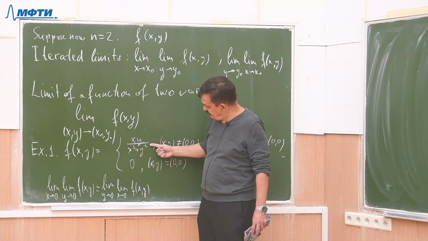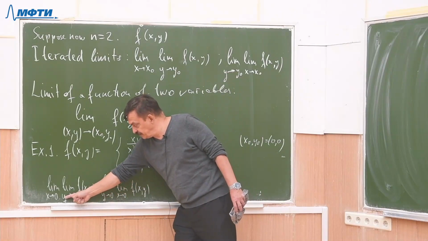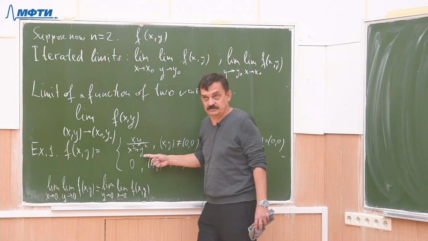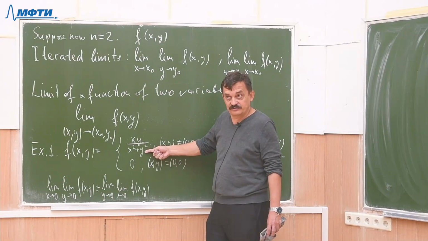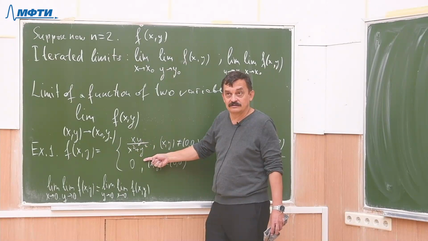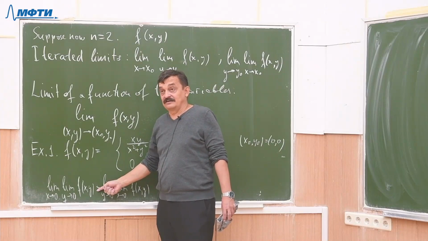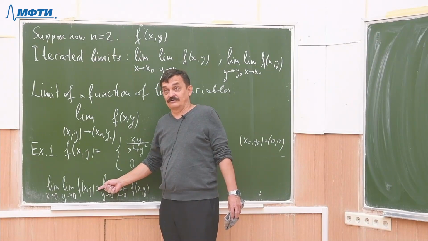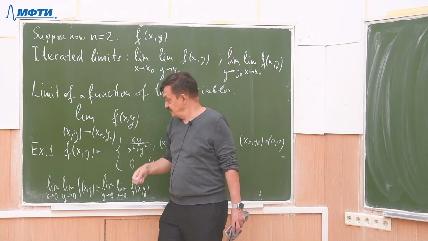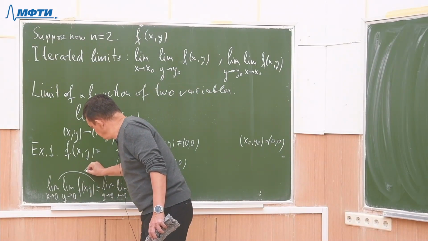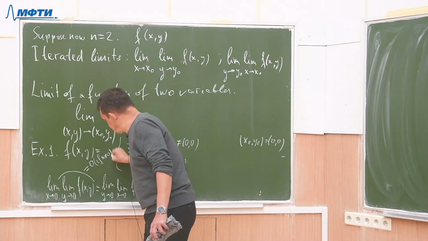That is the expression, and we want to compute what happens when y tends to 0. If y tends to 0, then the answer is obvious. It's 0. So the inner limit is identically 0 for each x which is not 0. Let me write here: equals 0 if x is not equal to 0.